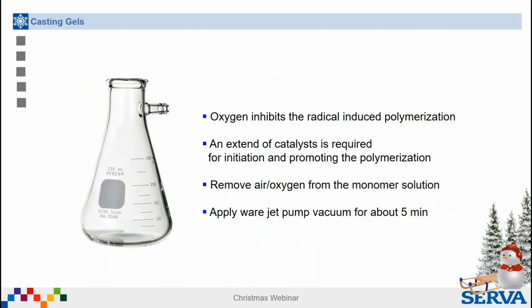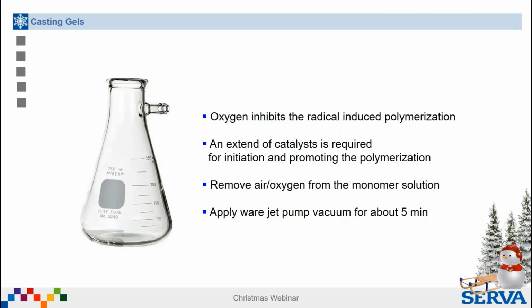When your sample is ready, you begin to cast your gels. There is a webinar explaining how to cast your gels the right way. Nonetheless, I want to talk about this special topic, and this is degassing of your monomers.